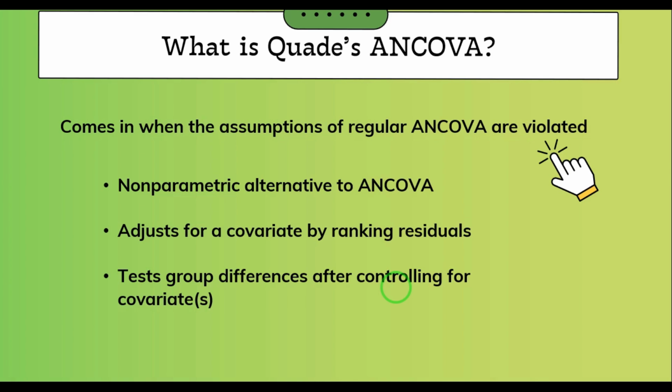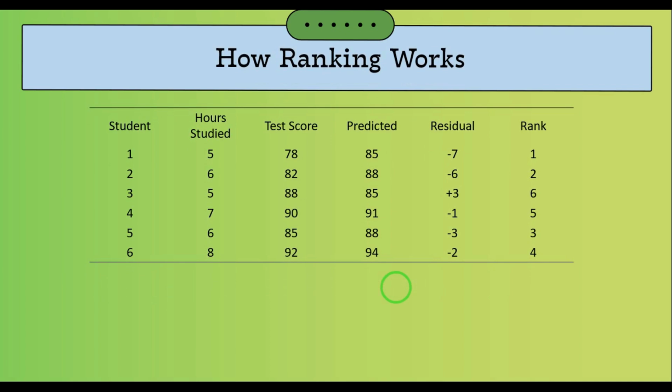And here is how it works. Instead of using raw scores, Quade's ANCOVA works by ranking the residuals after adjusting for covariates and then testing group differences using those ranks. So here is a small example on how to rank the data. The dependent variable is test score.